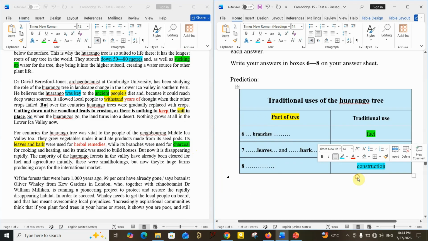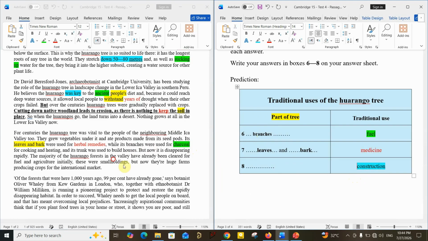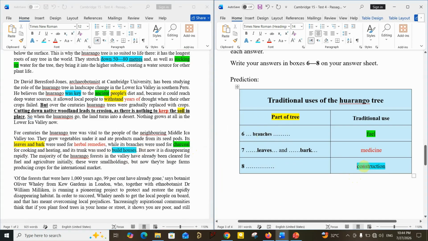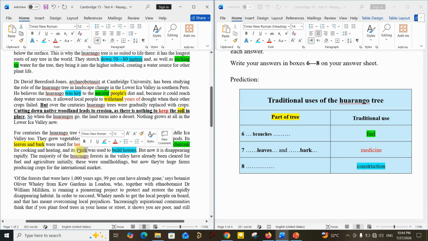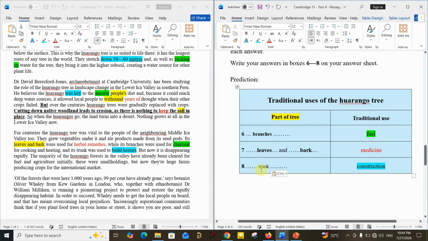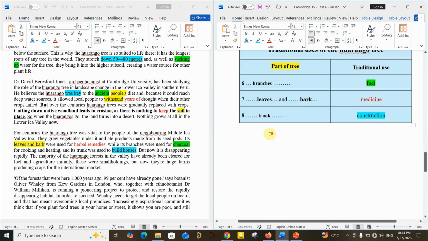Look for construction or something related to construction. For cooking and heating, and its trunk was used to build houses. Okay, this is build houses. Building houses is related to construction. So it's trunk for the last question, question number 8.